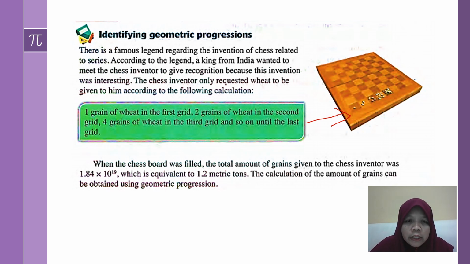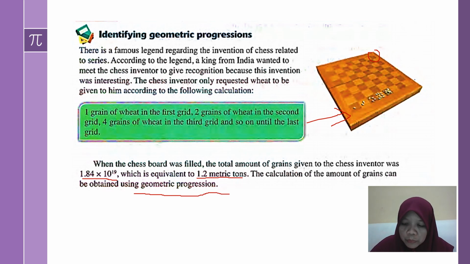When the chessboard was filled, until the last grid, the total amount of grains given to the chess inventor was 1.84 times 10 to the power of 19, which is equivalent to 1.2 metric tons. The calculation of the amount of grains can be obtained by using geometric progression.